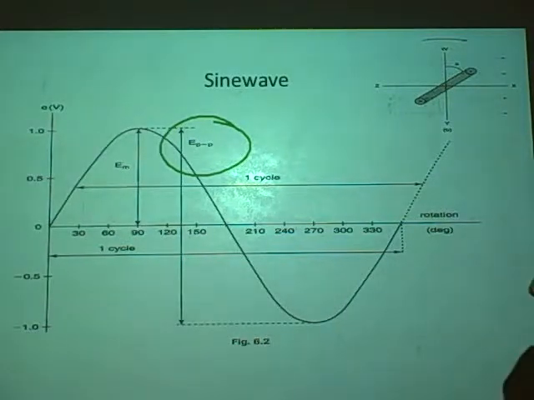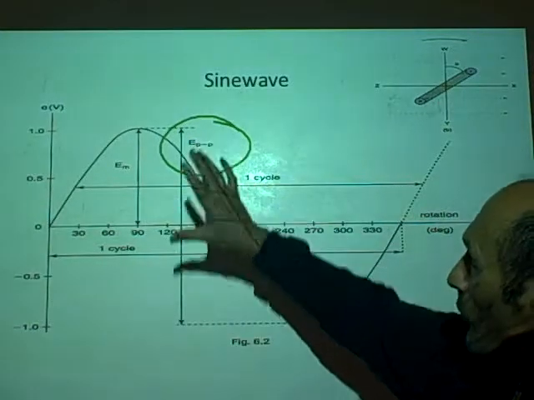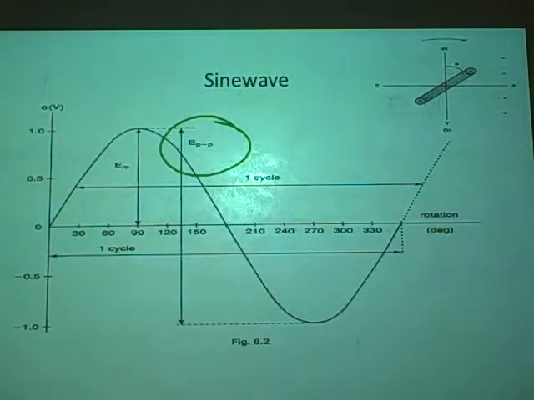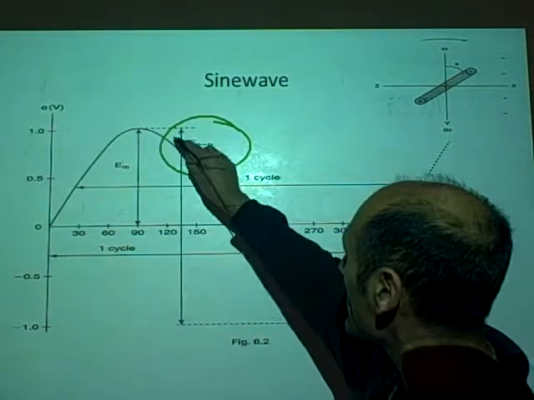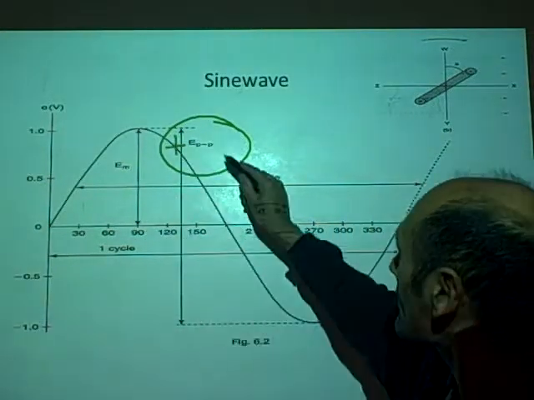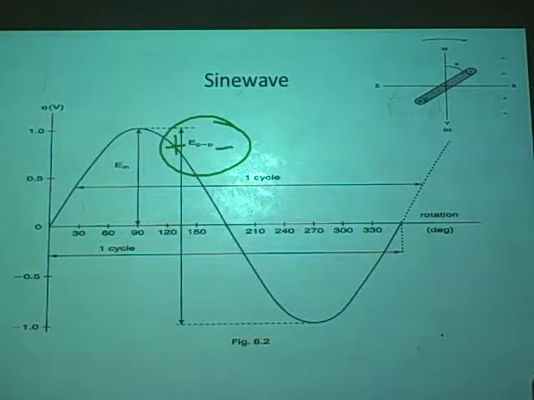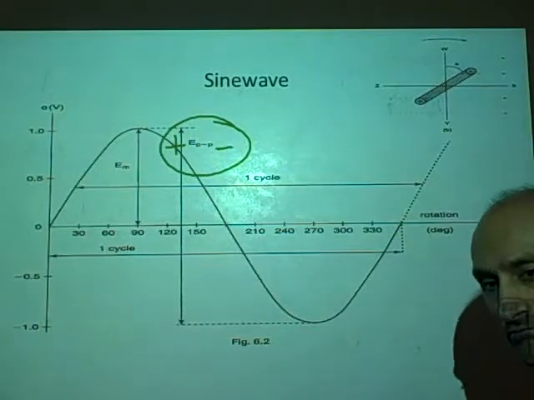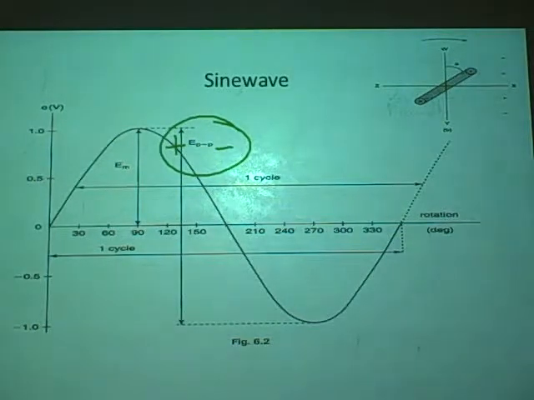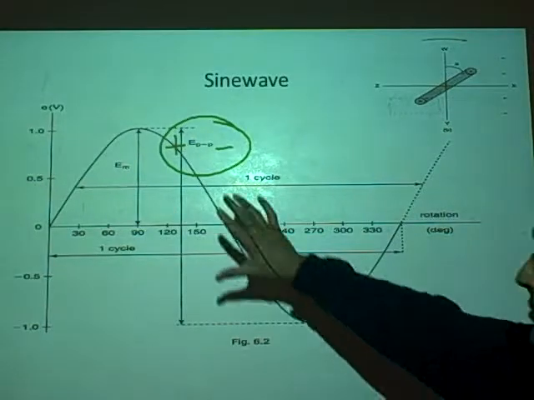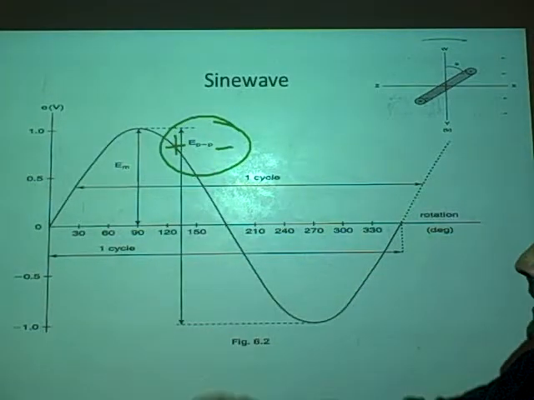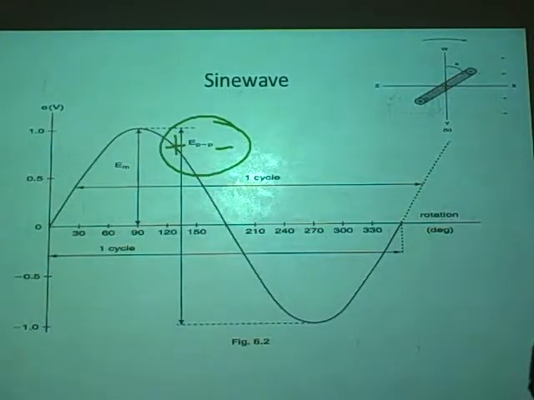Okay, it does refer to the peak to peak voltage or the electromotive force from peak to peak, one side being the plus and one side being the minus. EP minus P, standing for, whole group, electromotive force, peak positive and peak negative. Peak to peak voltage.